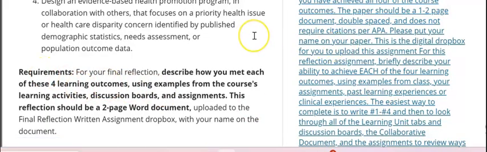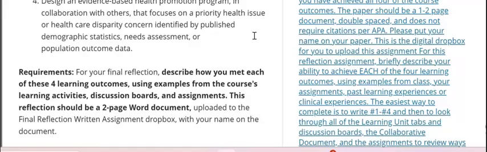You're going to do that by giving examples from the learning activities of this course, which were discussion boards, papers, the health promotion project, and the collaborative document. So you're going to tell me how you met each of the 4 learning outcomes.